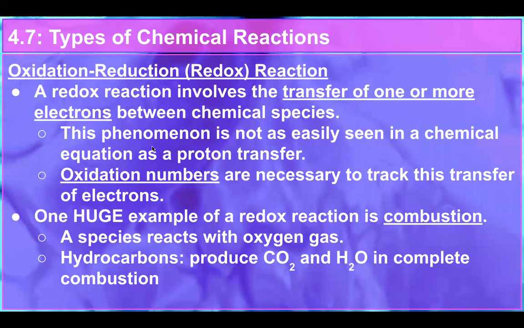Okay, so a redox reaction is going to be kind of similar to an acid-base reaction, if I'm going to be honest, but instead of transferring a proton, we're now transferring one or more electrons between chemical species. So this is not really something that can be easily seen because really what is happening in this chemical reaction, the electrons are just going to be shared a little bit differently.